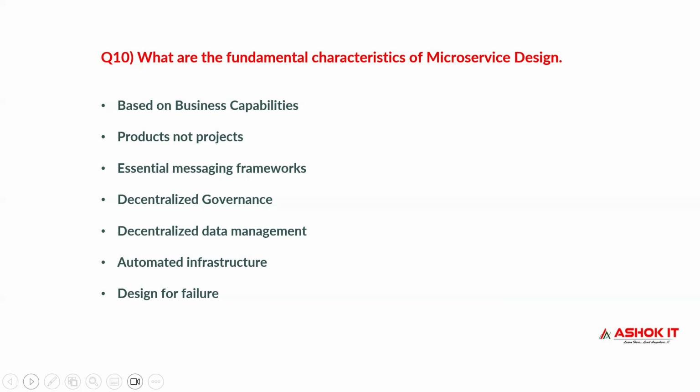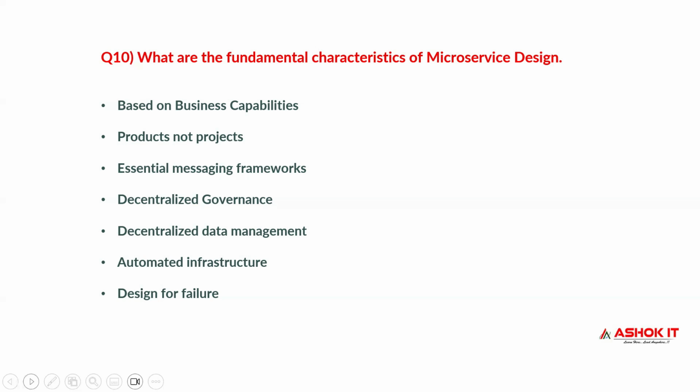We have smart endpoints and dumb pipes, which rely on a functional messaging framework and eliminate centralized service buses by embracing the concept of decentralization. We have decentralized governance. The development teams are accountable for all aspects of the software they produce. We have decentralized data management. Microservices allow each service to manage its data separately.